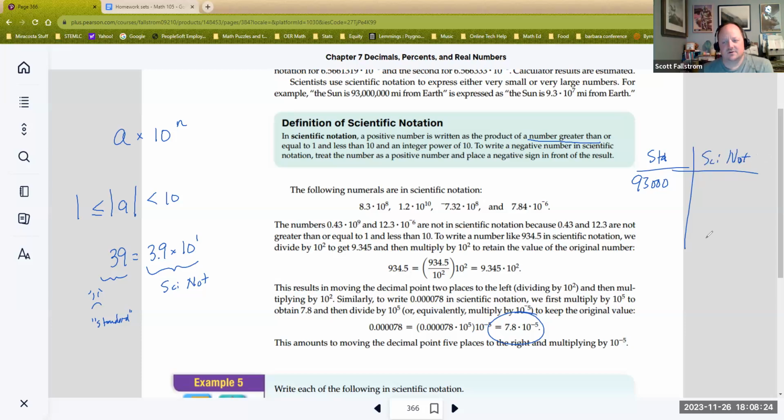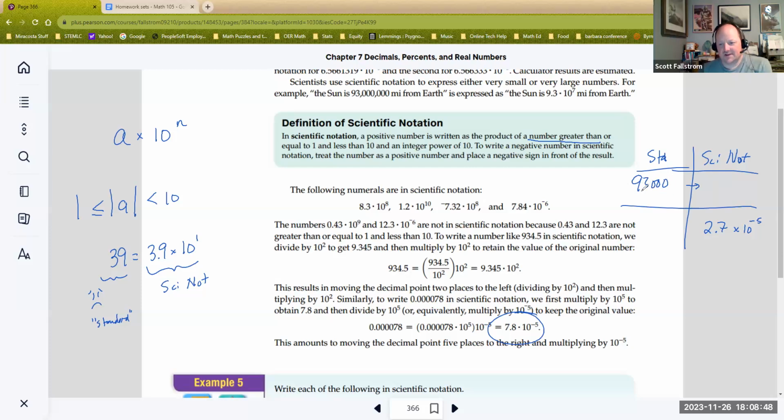Okay, that's over here. And if we had scientific notation, 2.7 times 10 to the negative 5. So as you're looking at this, our goal is to write this as a number between 1 and 10.